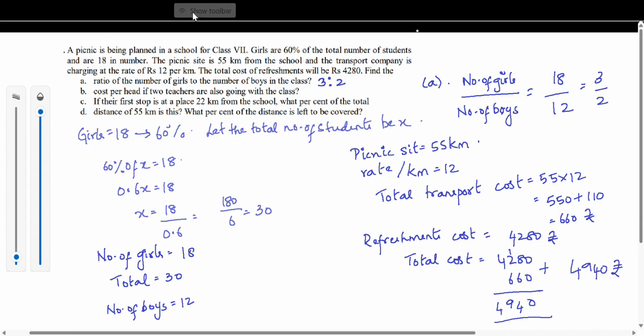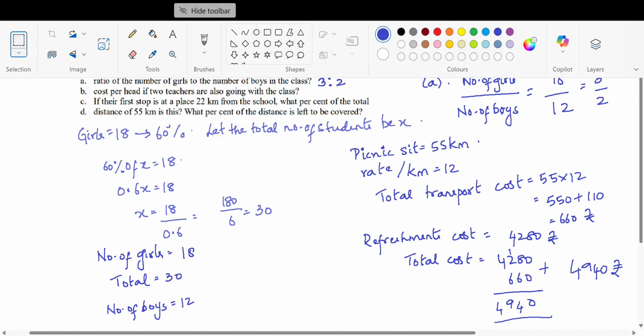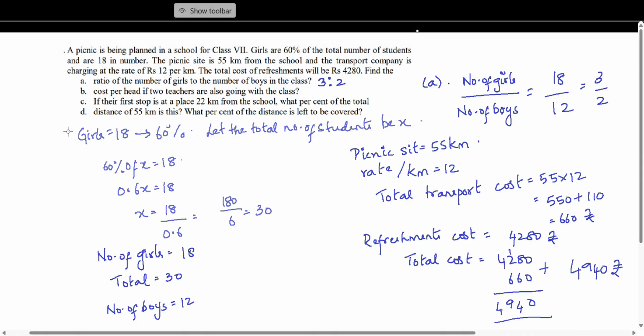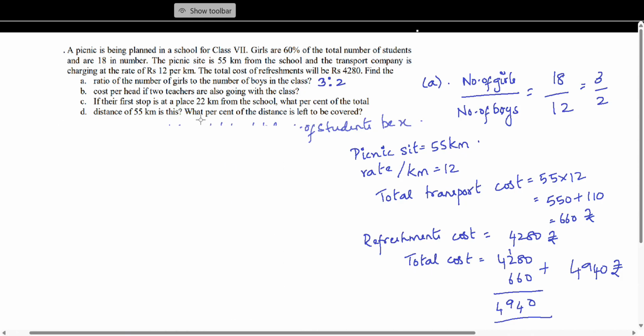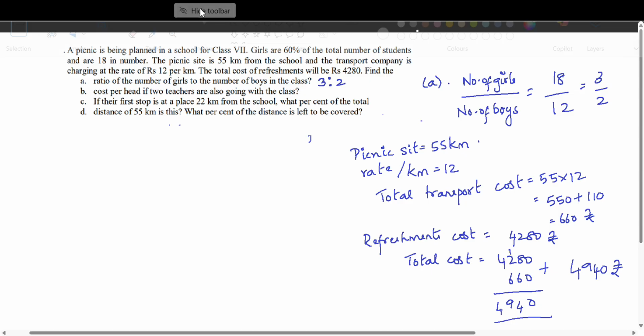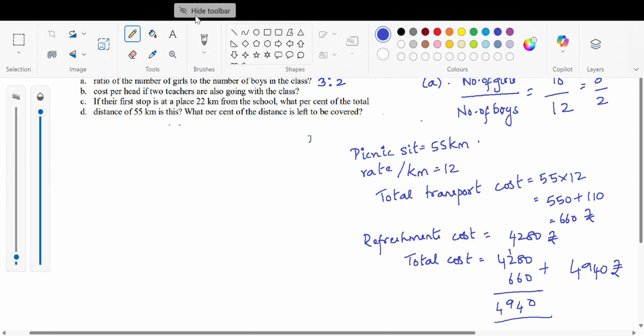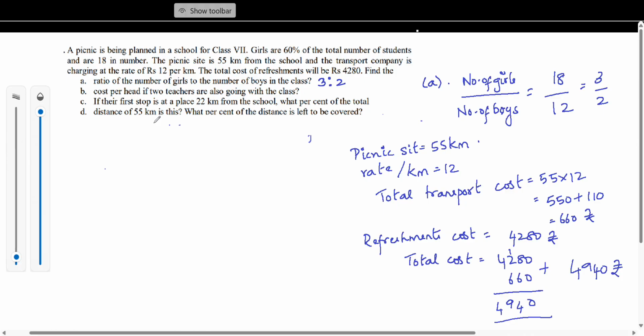If we need to find the cost per head, we have to divide this entire amount by the number of people. So in doing so, we have totally 30: 18 girls, 12 boys, 2 teachers. So we have 32 people going.